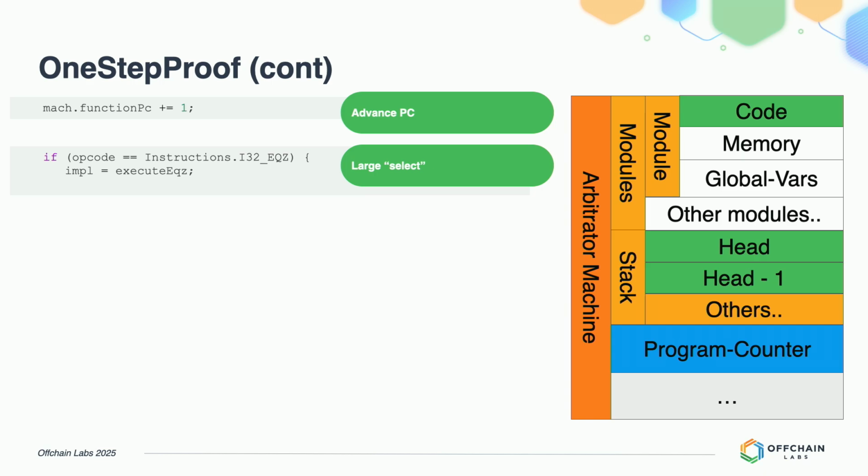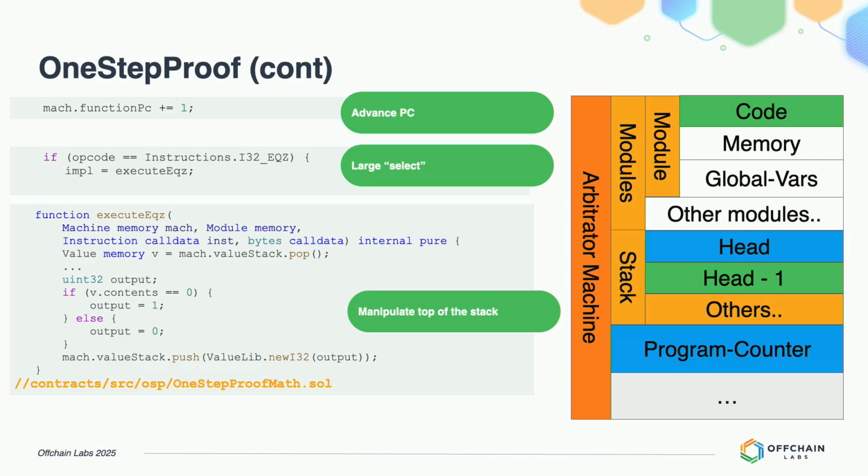Check what's the opcode, match it against every possibility of legal opcode, choose what you're going to do, and then execute it. And here is execution, execute EQZ, which is the Solidity implementation of the same thing we saw on Rust. So I know that now I need to do an EQZ.